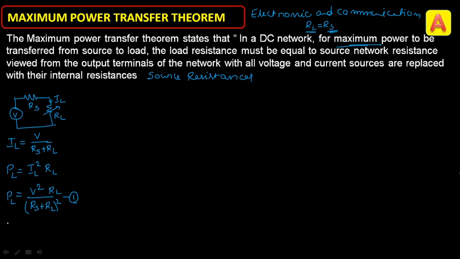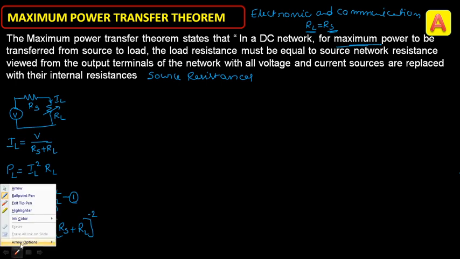For convenience, I am writing the power demanded by the load like this: V square into RL into (RS plus RL) whole power minus 2.